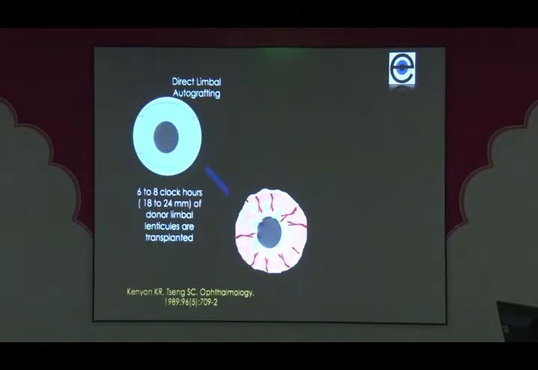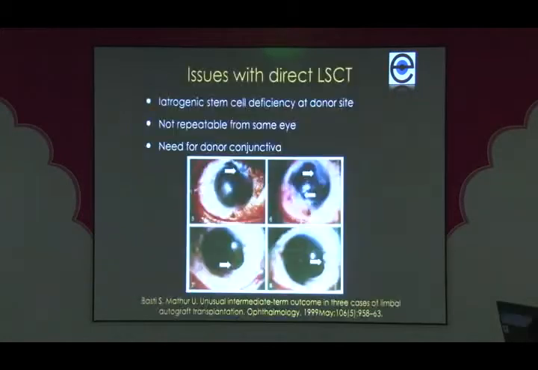And this was the first limbal stem cell transplantation procedure formally written up in that way, and results were very good. What are the issues with this technique? The main issue is that there is a large amount of limbus that is taken from the donor eye, so there's always the potential for creating an iatrogenic limbal stem cell deficiency in that eye. And you can't repeat it from the same eye because you've already disturbed it quite a lot.